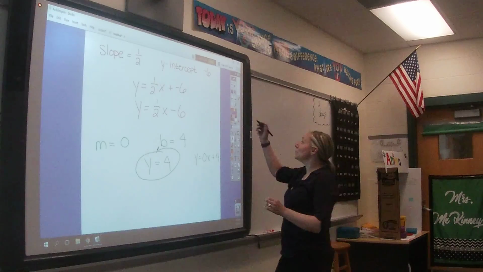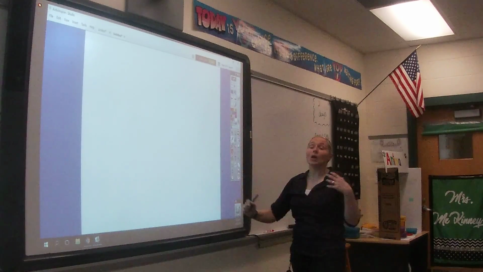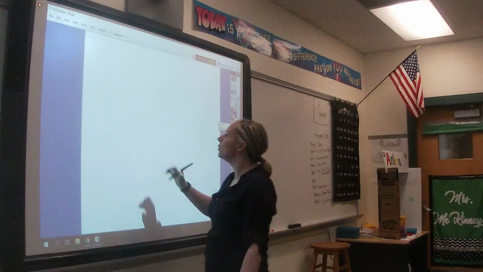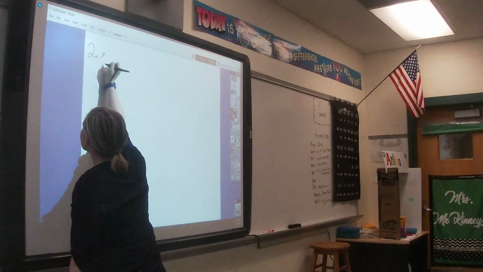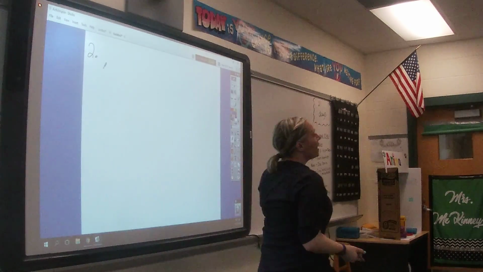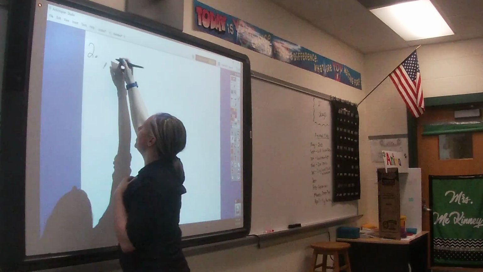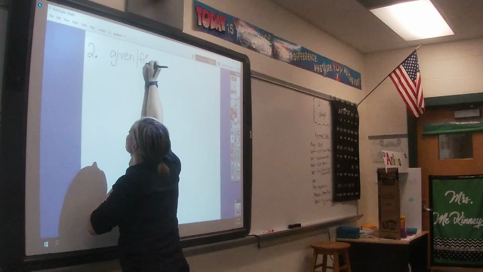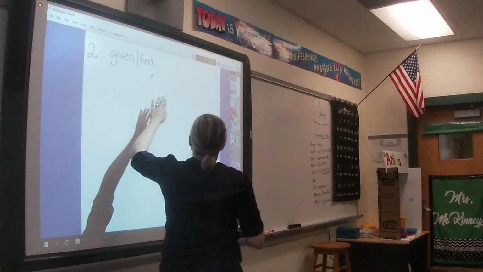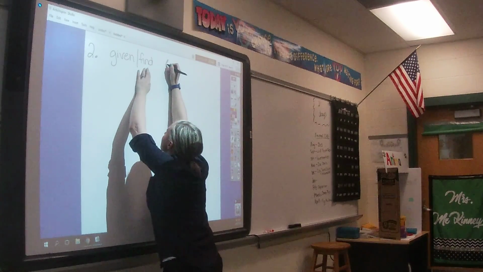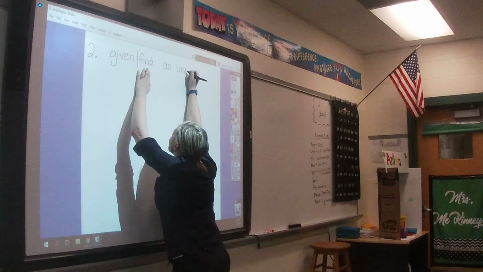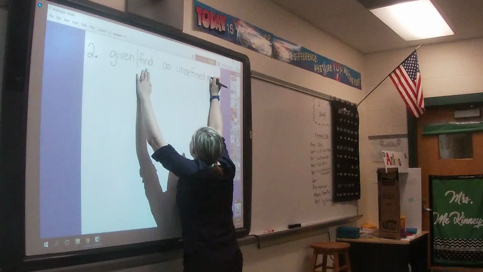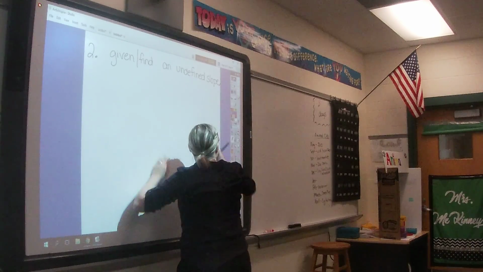Okay, the next option that is also simple to write equations of lines in. Option number 2 says that we can write equations of lines if we are given, or we can find, an undefined slope.